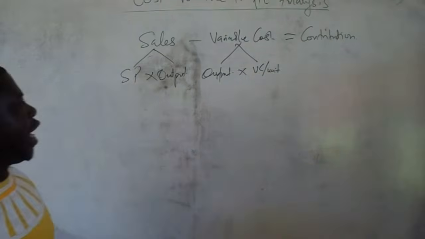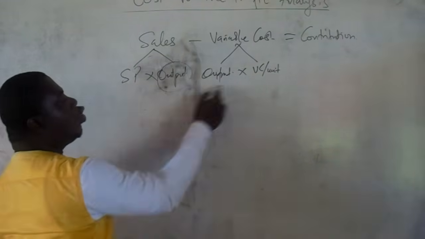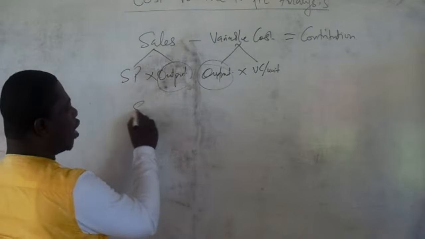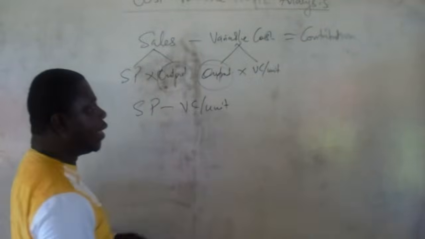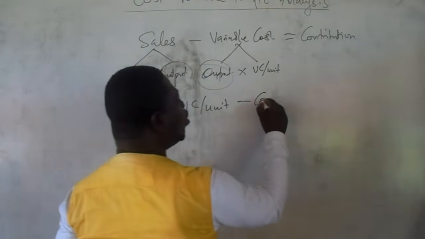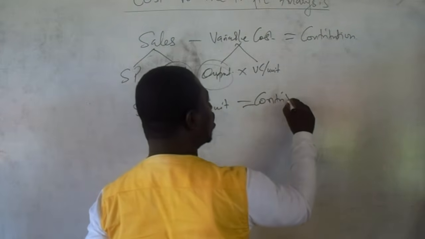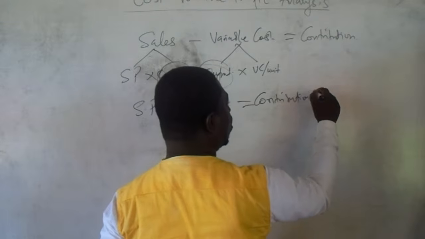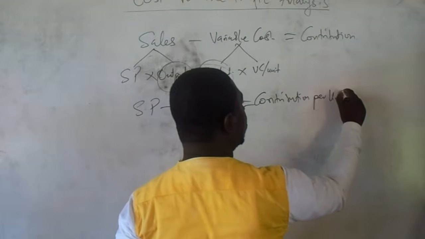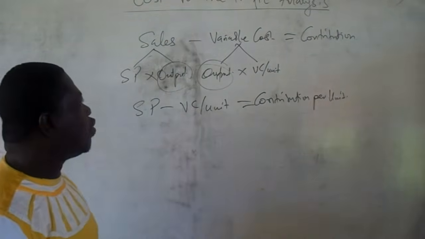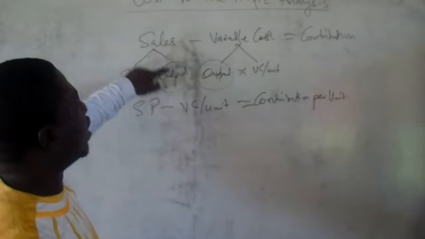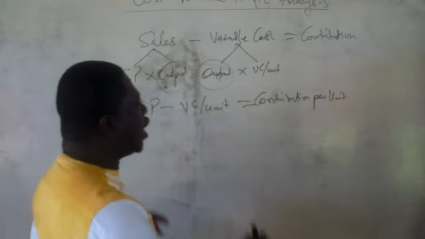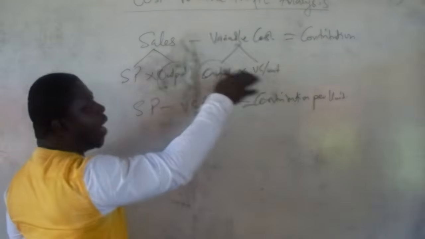So it means that if we take out the units, then we are going to have selling price minus variable cost per unit. And that is going to give us contribution per unit. And so what we are trying to establish is that when you want total contribution, you look at sales minus variable cost. That is when the outputs are multiplied by the unit.